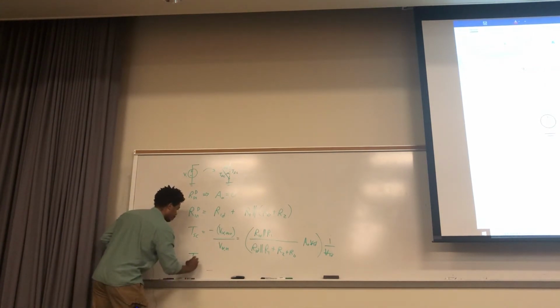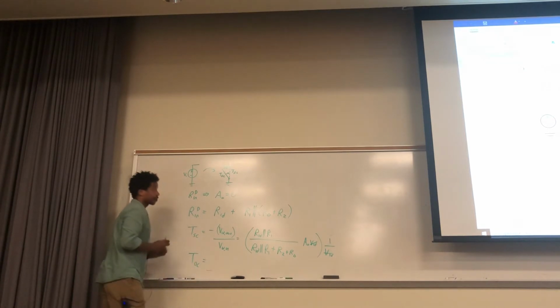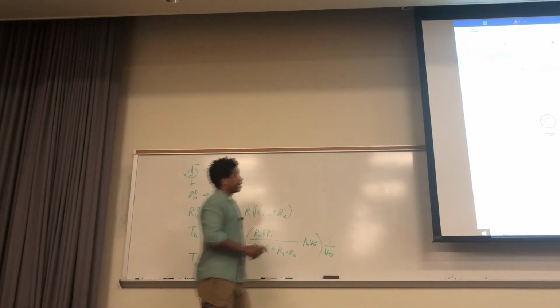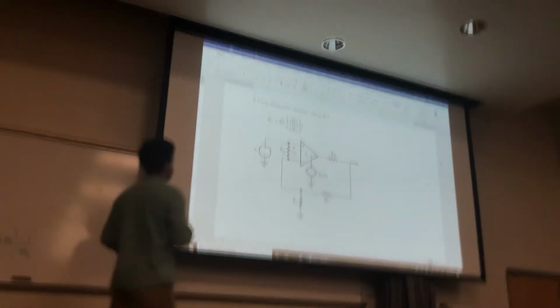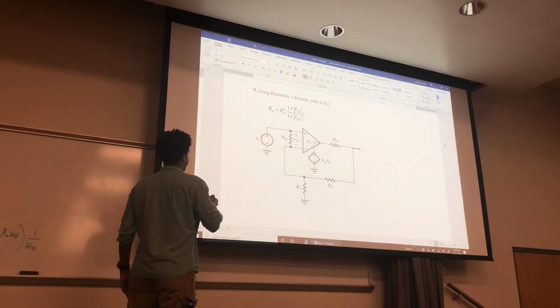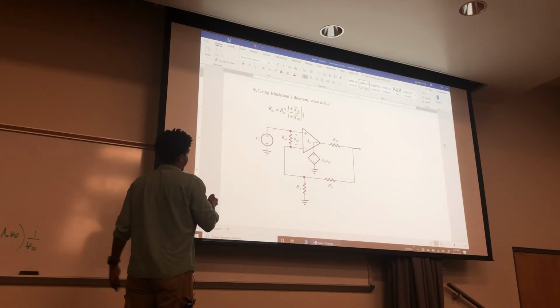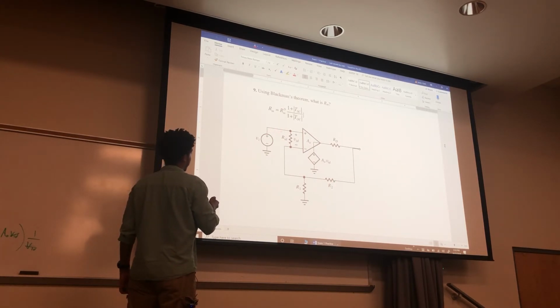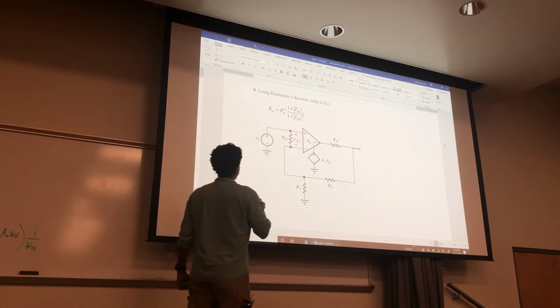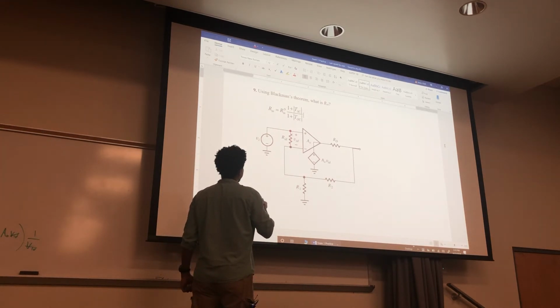For your T open circuit, now you're going to assume that this is open. And so this voltage right here is now floating, I guess you could think about it like that. But that also means that there's no current going through here, right?